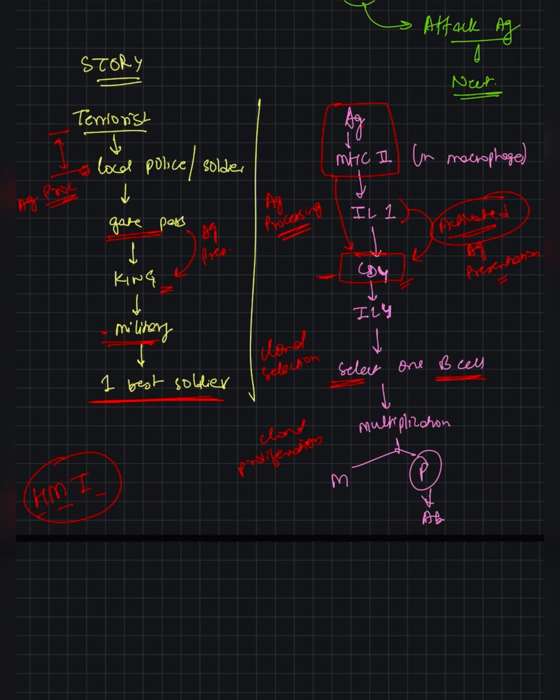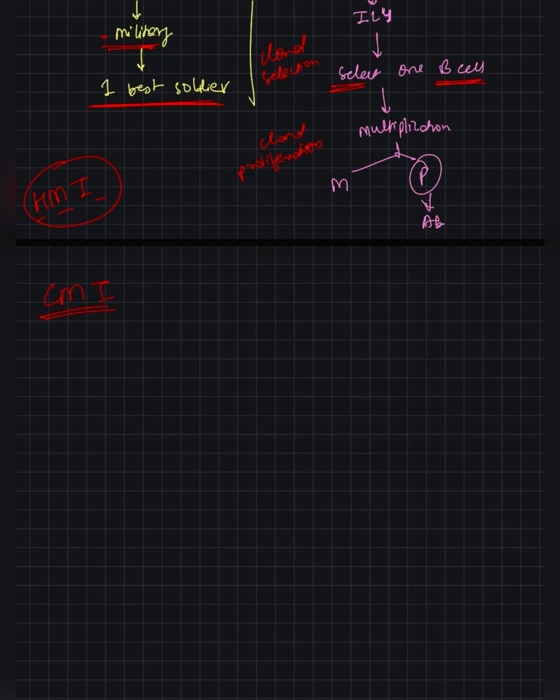Now we will look into cell mediated immunity. Again, we have a terrorist. Let us look into the story first. This terrorist came into my house silently, without my prior information or knowledge, and he was sitting in my room.